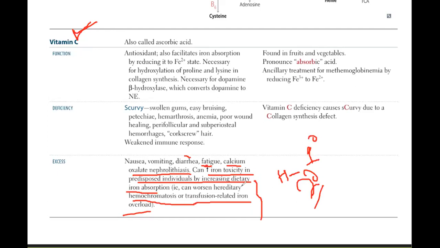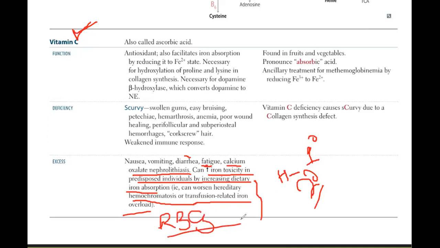So please remember, never prescribe vitamin C to 2 patients: one who is having a hereditary problem of hemochromatosis, and the other one who is having a problem of transfusion related iron overload. You have given lots of blood to the patient, so there is an overload of RBCs.